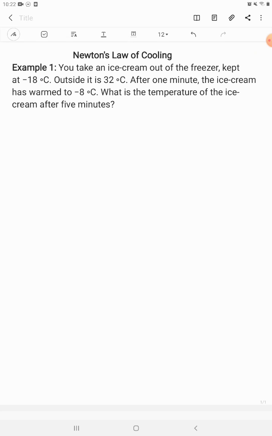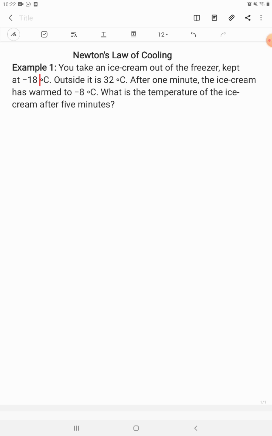So actually, all the given data are what we call our boundary conditions or initial conditions in order to solve our particular solution given the general solution of the differential equation for Newton's law of cooling.